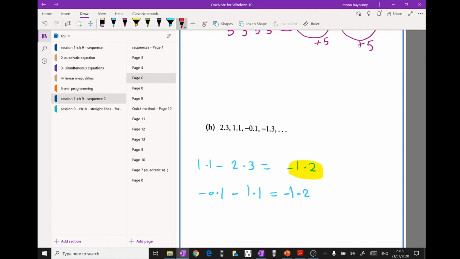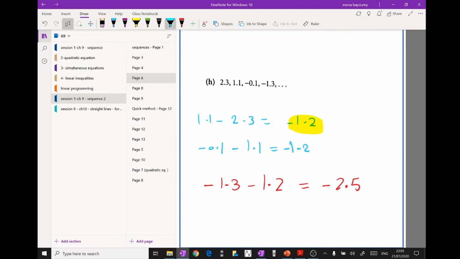To find the next three terms, negative 1.3 minus 1.2. So the answer is negative 2.5. This is for the first term. Next term, negative 2.5 minus 1.2 is equal to negative 3.7.